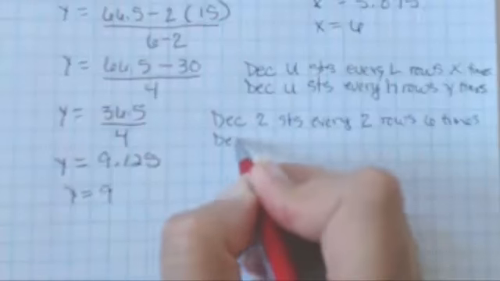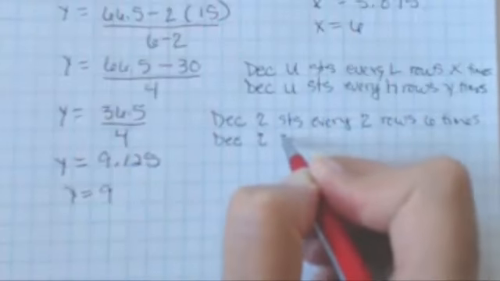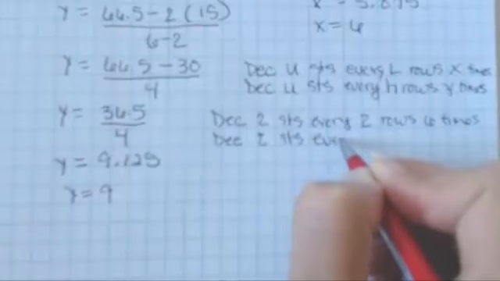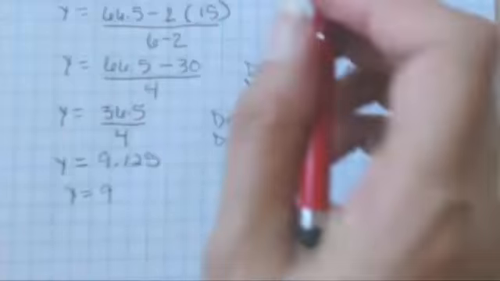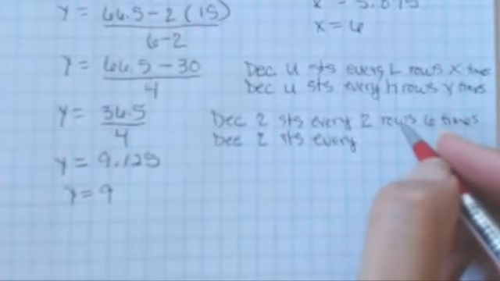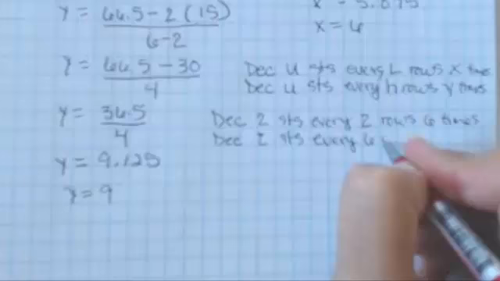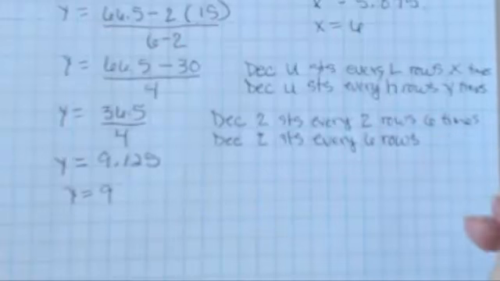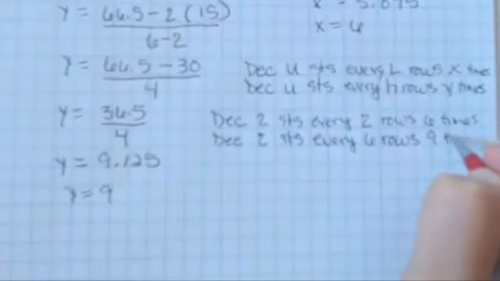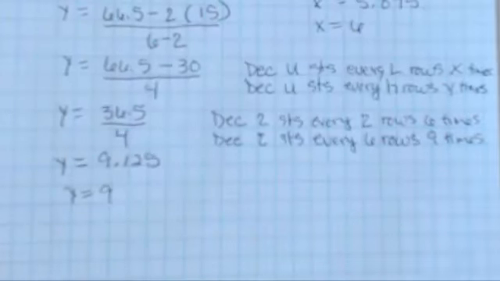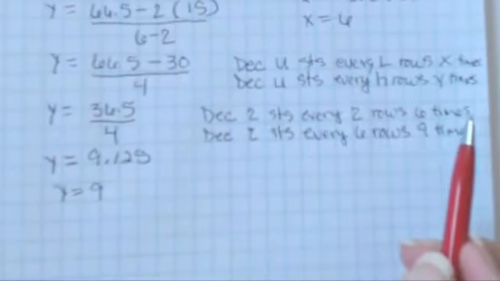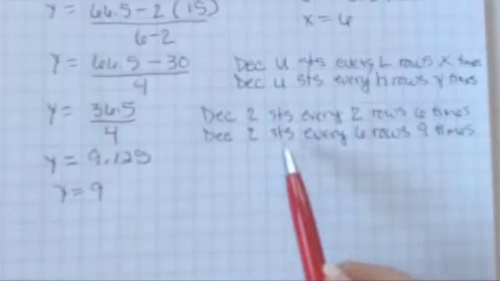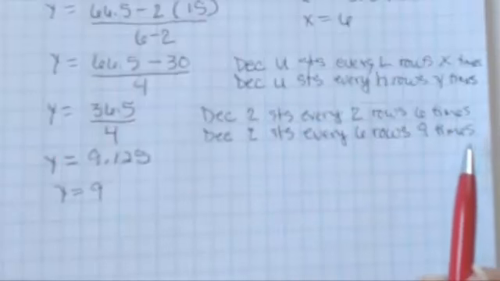Then we're going to decrease 2 stitches every H is 6. 6 rows. Y times. Y is 9. 9 times. So our knitting directions will be decrease 2 stitches every 2 rows 6 times, then decrease 2 stitches every 6 rows 9 times.